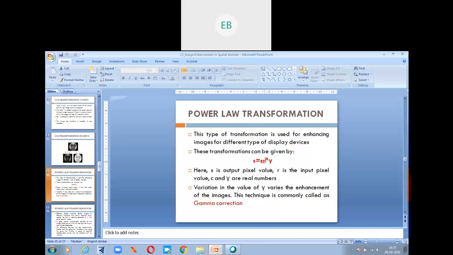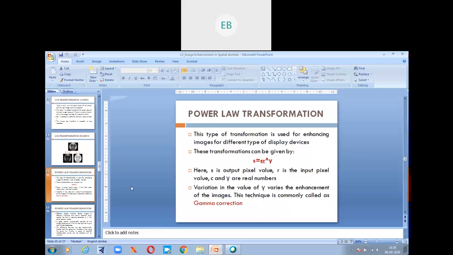Because we can change the value of gamma to enhance the quality of the image, and this gamma correction is not available in log transformation. You can keep on varying the value of gamma to enhance the quality of the image, and this property is known as gamma correction.